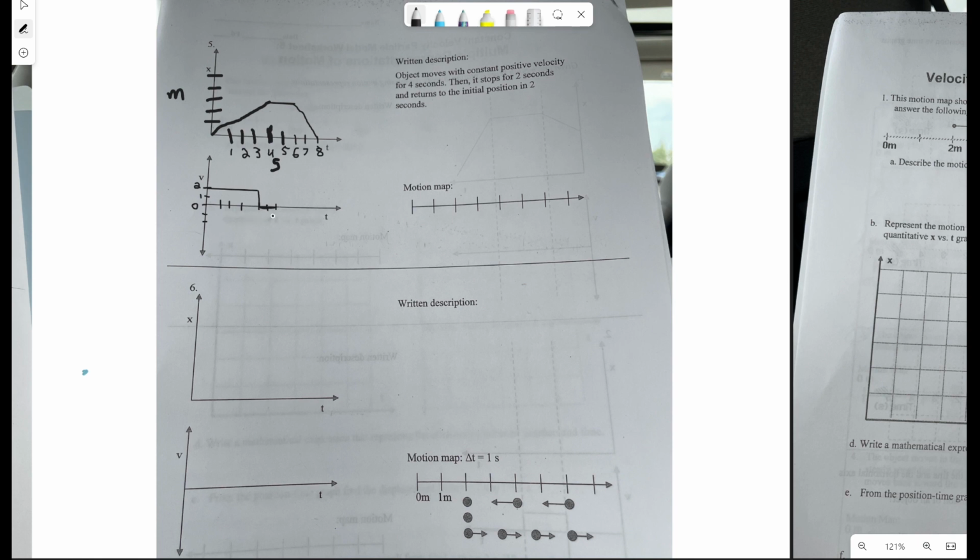So let's just say, and I don't think it matters too much about the number, but we'll just say it's moving negative 2 meters per second for 2 more seconds. Actually, no. I need to correct myself. You do have a little bit of a sense of the speed it's moving.